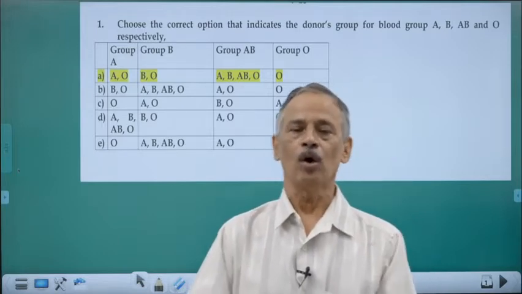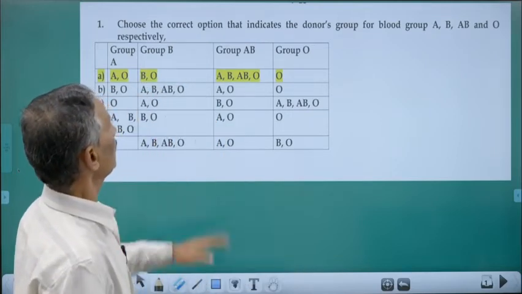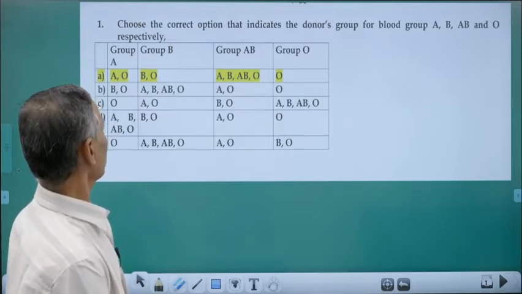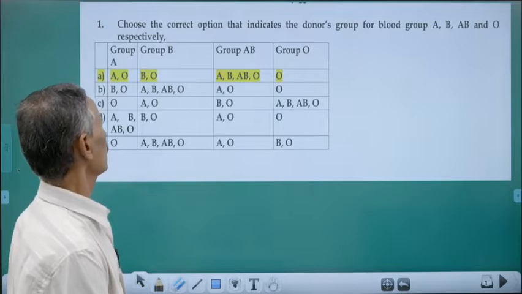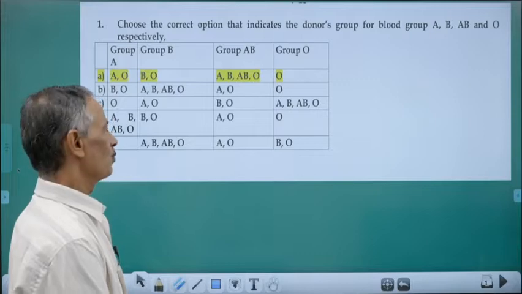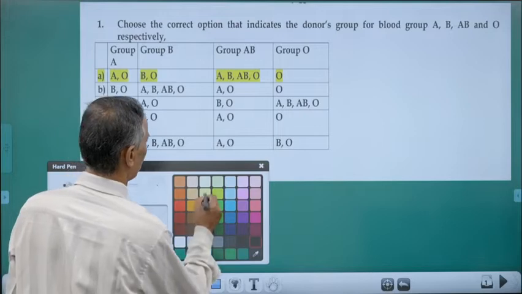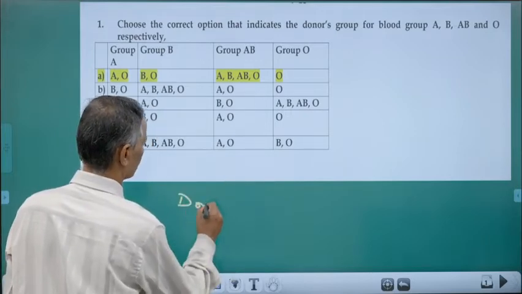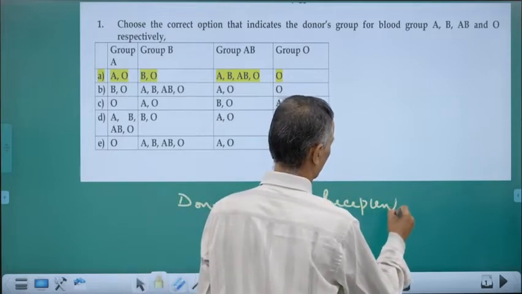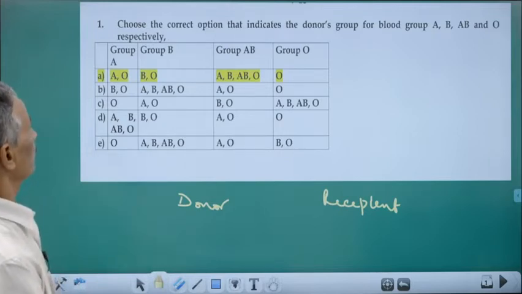The first question on the board. Give the correct option that indicates donors group for the blood group A, B, AB, O respectively. See, in blood grouping, we will be having a donor and a recipient.